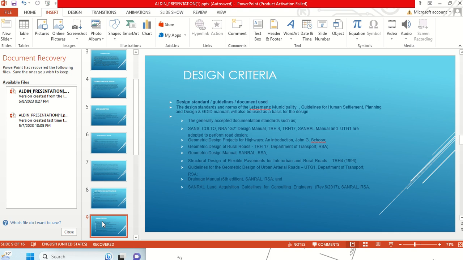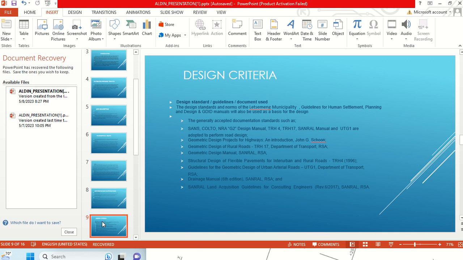So now we can look at the design standards that we're going to use for this particular road, which is Fontaine. We have decided to adopt the following standards, which are in line with the local municipality.